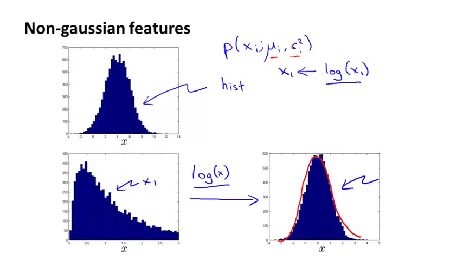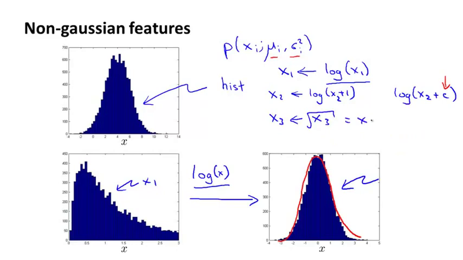And rather than just a log transform, some other things you could do: let's say I have a different feature x2, maybe I replace that with log of x2 plus a constant c, and this constant could be something that I play with to try to make it look as Gaussian as possible. Or for a different feature x3, maybe I take the square root.